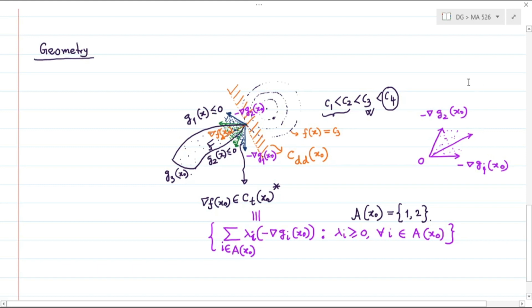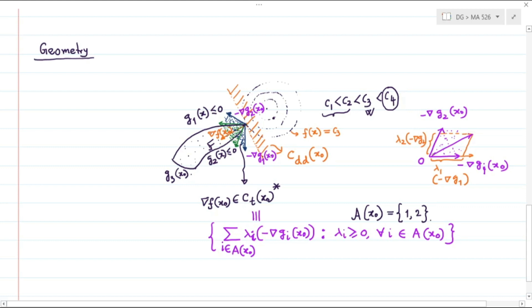Fine, because here you note that the direction that I drew in between minus grad of g1 and minus grad of g2 can be thought of as follows: I can consider a parallelogram, where this much is, let's suppose, lambda 1 times minus grad g1, and this much is lambda 2 times minus grad of g2.